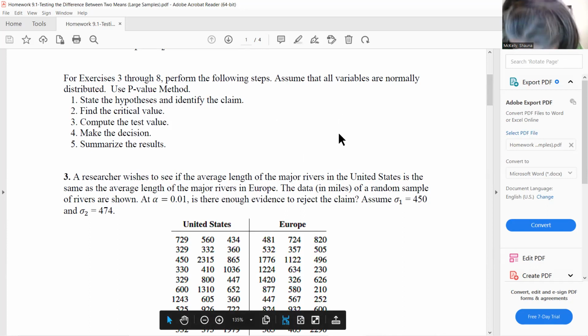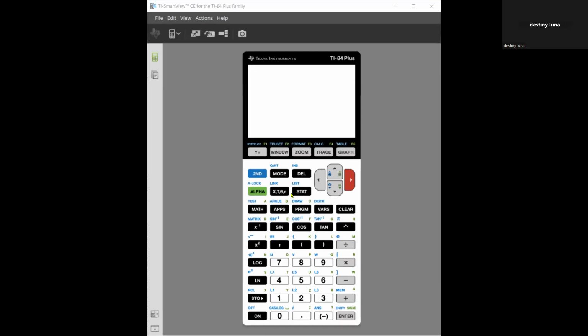Where is my pause? So when you're doing data, and I actually have the data in my calculator already, let me show you that. Here's the calculator here on the screen. Let me put the calculator up.